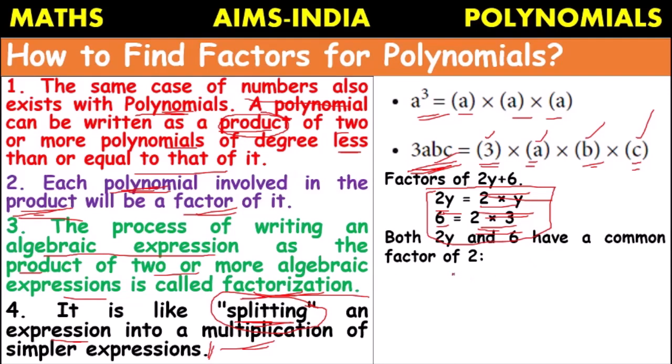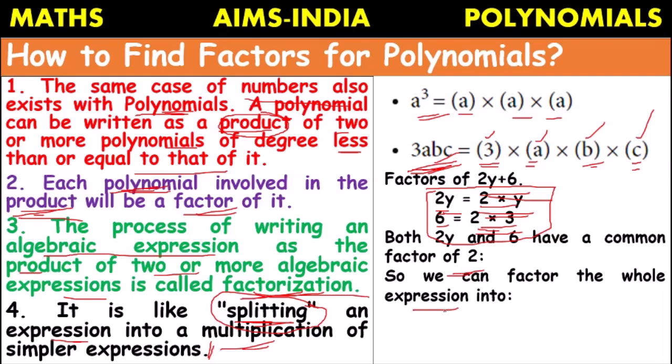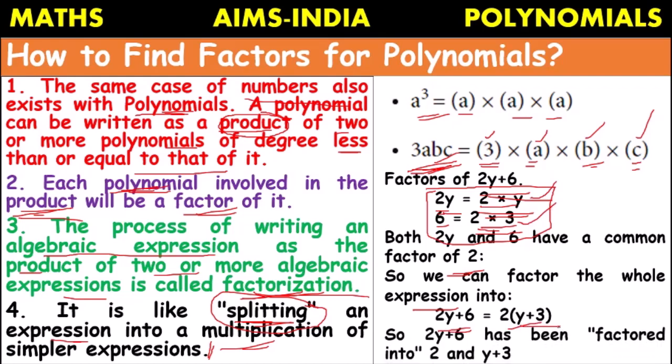So they have a common factor, 2. We can factor the whole expression: 2y plus 6 can be written by taking 2 as common. In this, y remains, and in this, 3 remains. So we can write 2 into y plus 3.